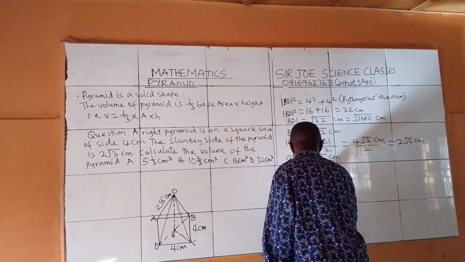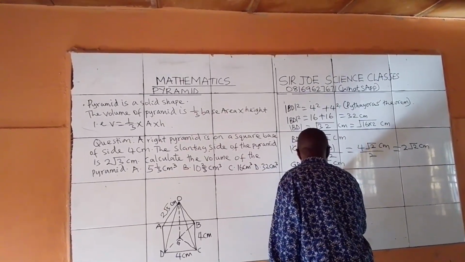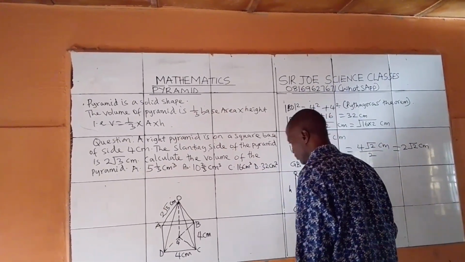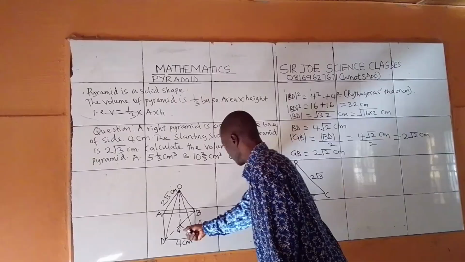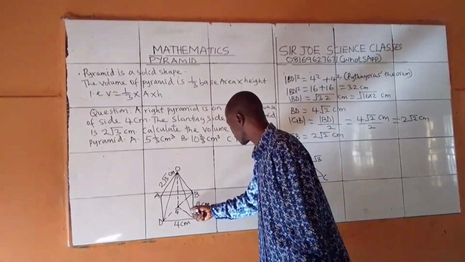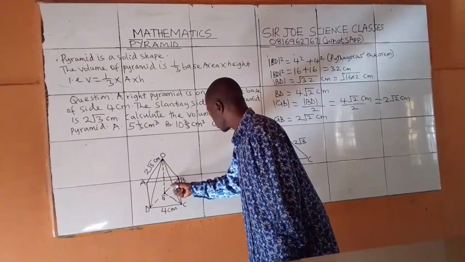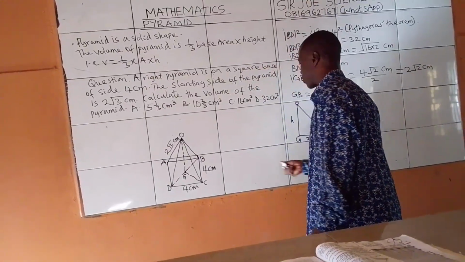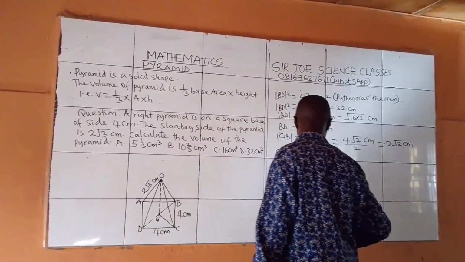This is 2 root 2 and this is 2 root 3. From point G to C is 2 root 2 because from G to B is 2 root 2, and because the base is a square base.